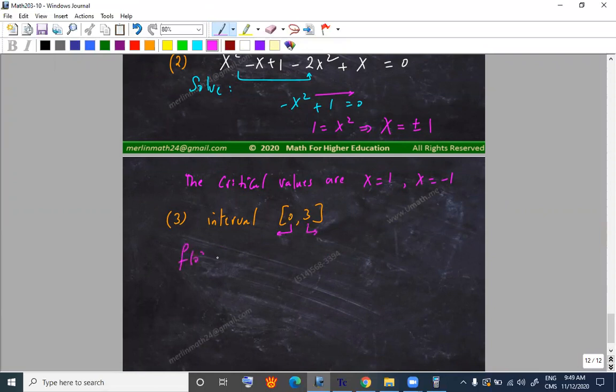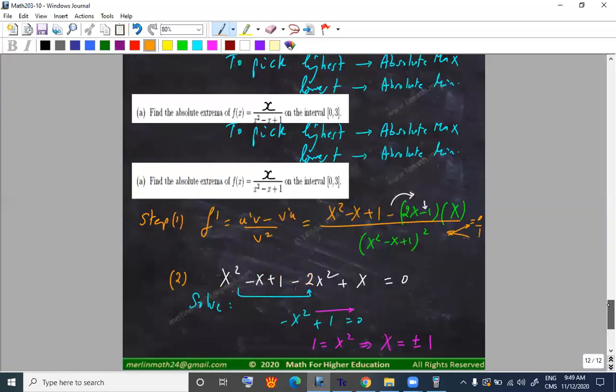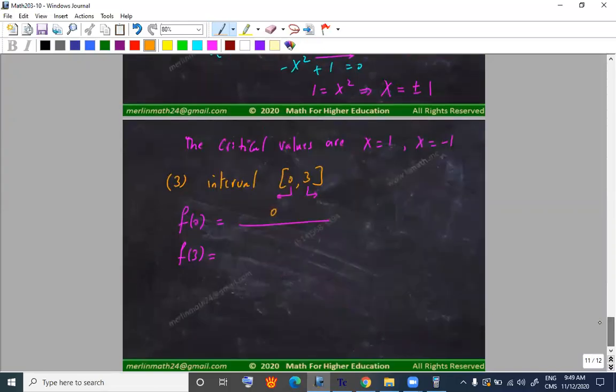So f of 0 should be determined, and f of 3. Plug them into your f. What is your f? It's x over x squared minus x plus 1. So 0 over 0 squared minus 0 plus 1.